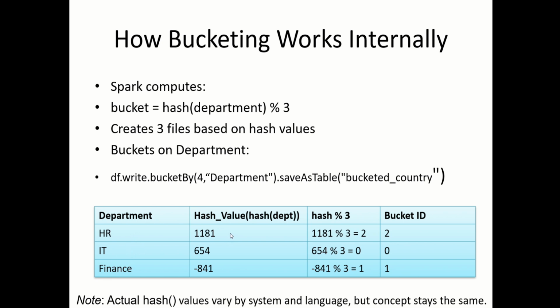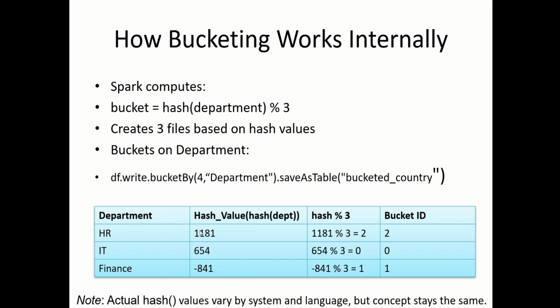The actual hash value calculation varies by system and language, but the concept stays the same. It gets calculated internally, and honestly speaking, you or I don't need to know how it is getting calculated.